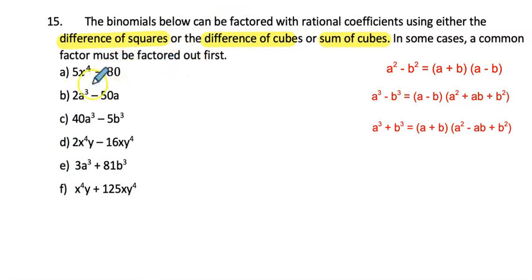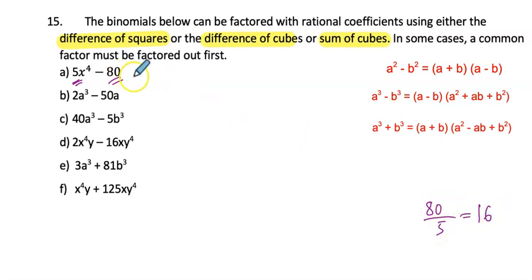The first one, you have 5x to the power of 4 minus 80. This 5x to the 4 means 5 times x to the 4, correct? And I know that 80 is divisible by 5. 80 divided by 5 is 16.